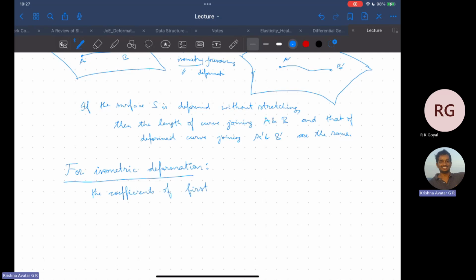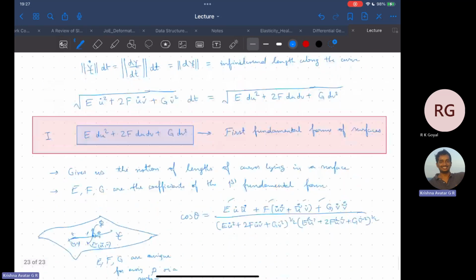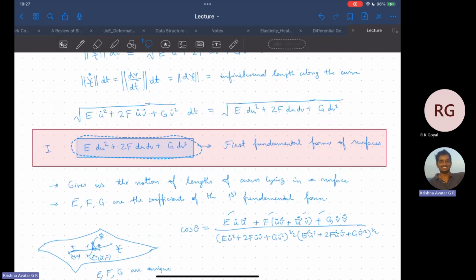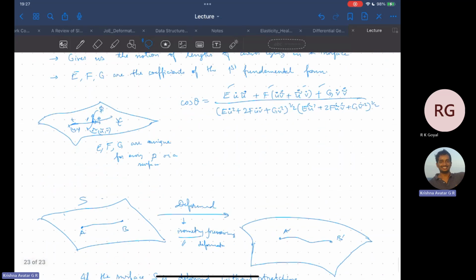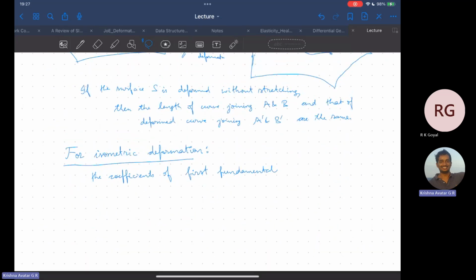Sometimes the coefficients of the first fundamental form are called the first fundamental form itself, because the first fundamental form ultimately involves coefficients, right? So it's equivalent to saying the first fundamental form. This expression is called the first fundamental form, and E, F, and G are coefficients of the first fundamental form, right?